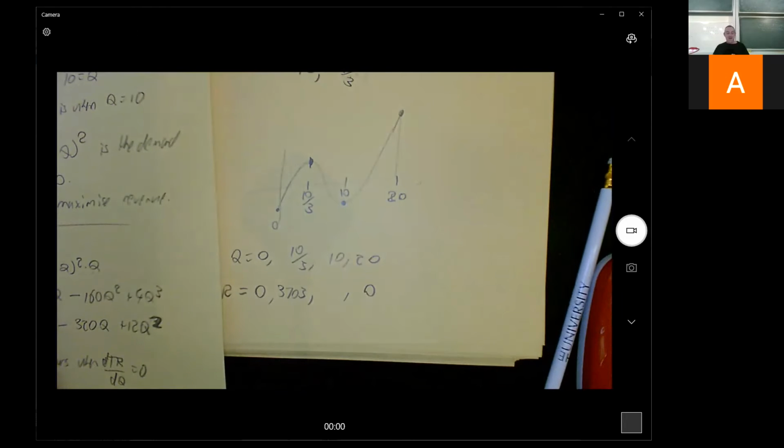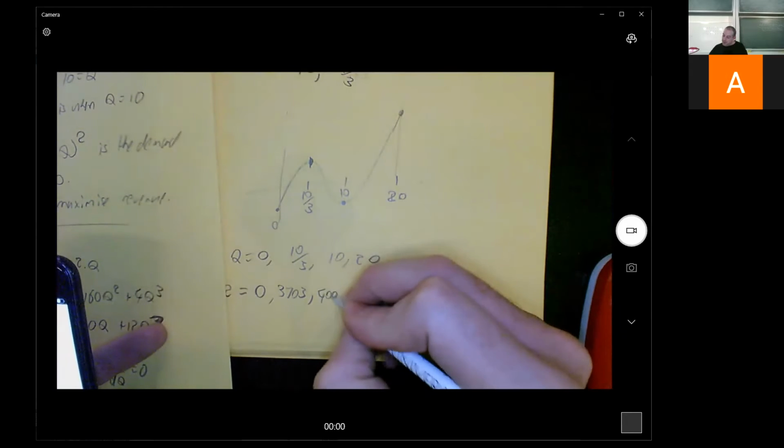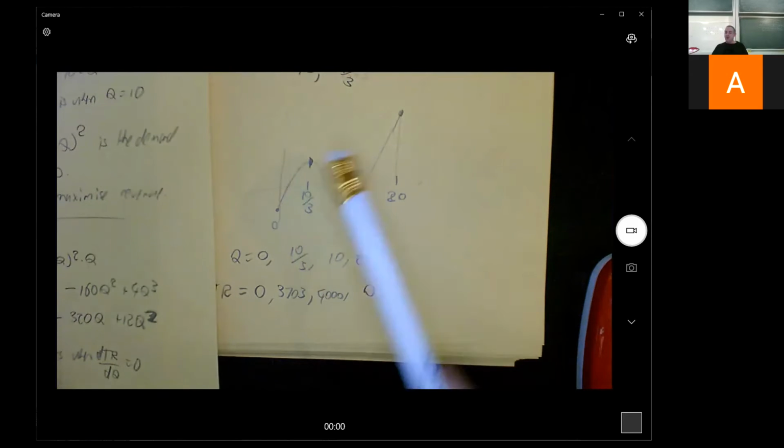It's an extremely large number. And 40 minus 2 times 10 squared times 10 is 4,000. Oh, I think I have my graph the wrong way around.